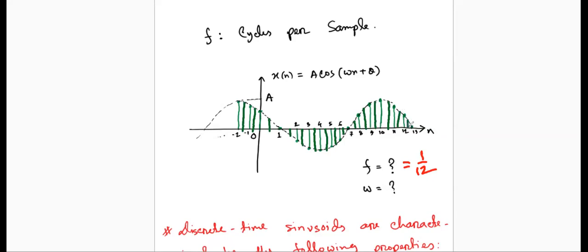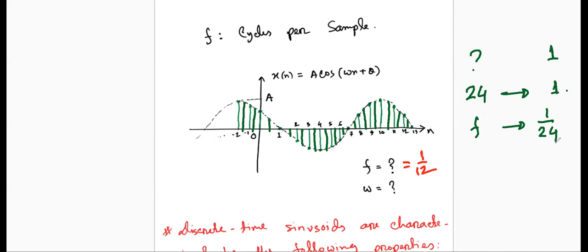Now, how many samples make a cycle at this moment? Yes, 24 samples make a cycle because we have doubled the sampling rate. Now, what is the new F? It is equal to 1 divided by 24, isn't it?